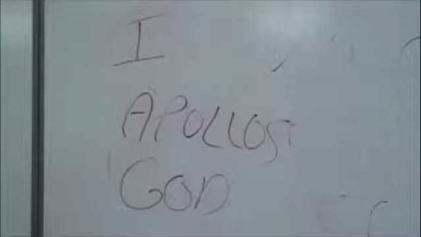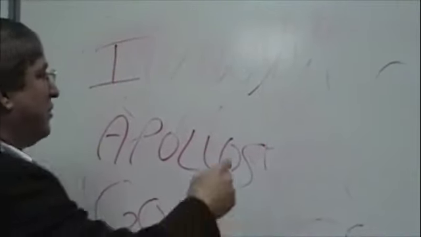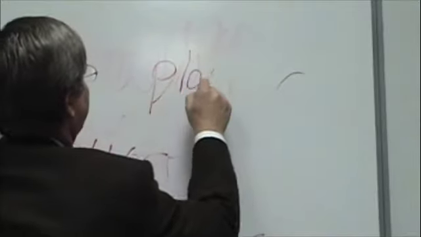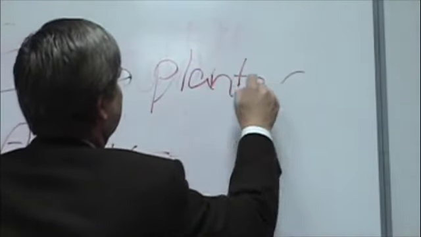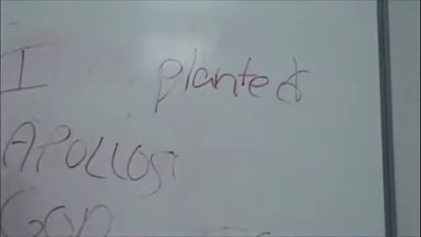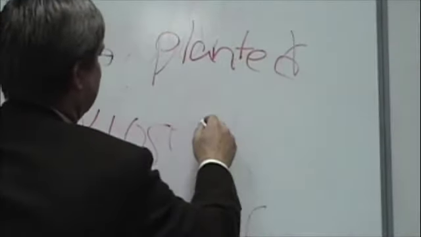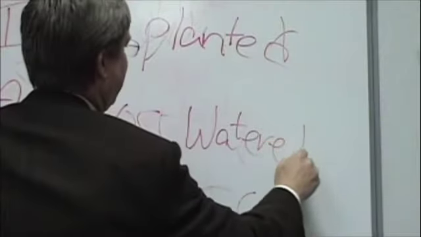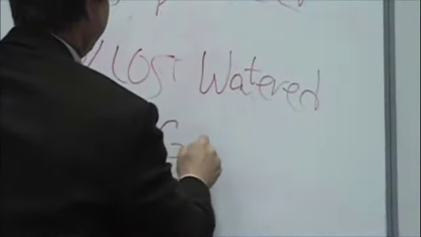And you have three verbs. What did I do? Planted. And what did Apollos do? Watered. And what did God do? God gave the growth.